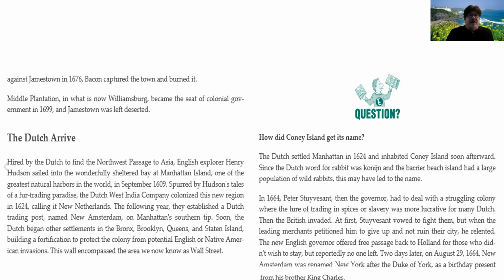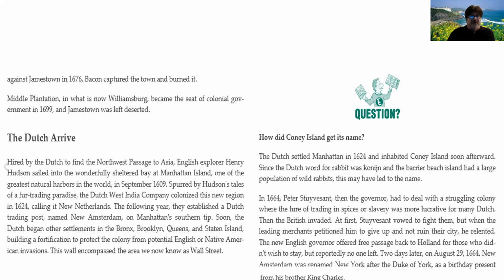Enthusiastically brought on by Hudson's tales of a fur trading paradise, the Dutch West India Company colonized this new region in 1624, calling it New Netherlands. The following year, they established a Dutch trading post named New Amsterdam on Manhattan's southern tip.